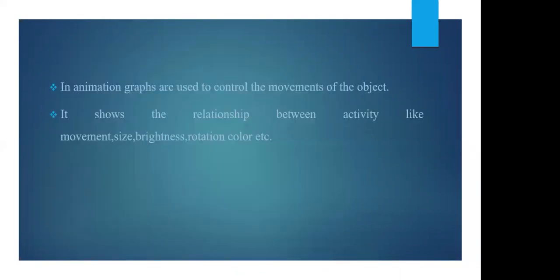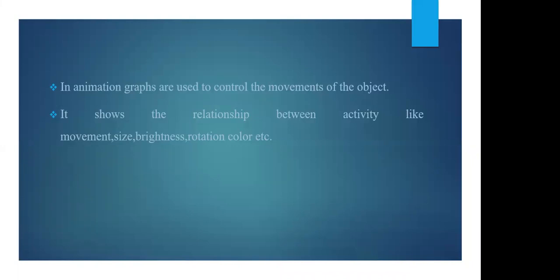In animation, graphs are used to control the movements of an object, and they show the relationship between activity like movement, size, brightness, rotation, color, etc. For example, you may know the game Subway Surf. In Subway Surf, the character moves from one path to another, changing left to right, right to left.